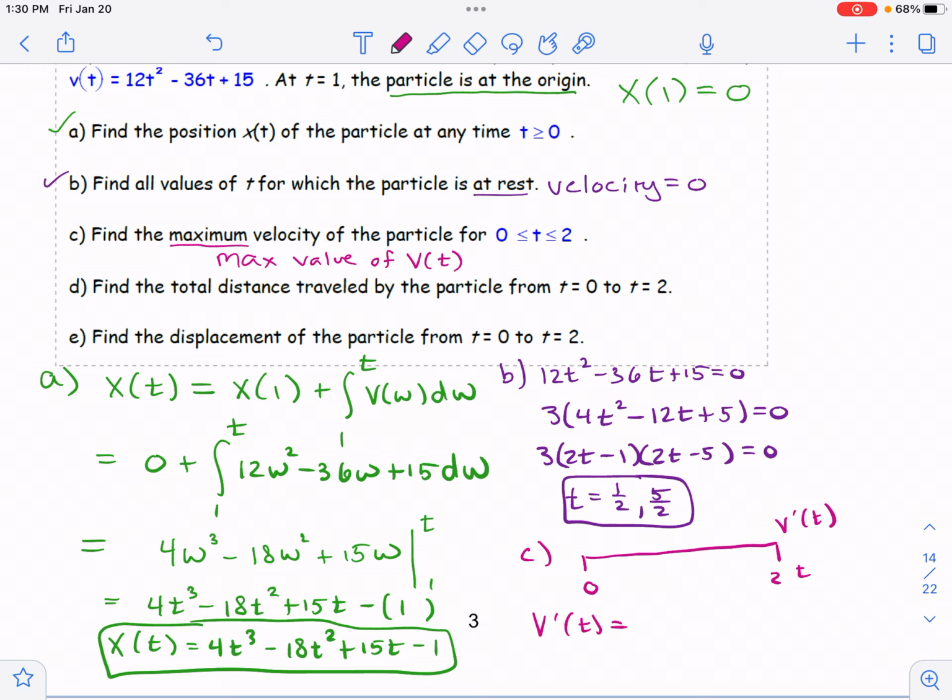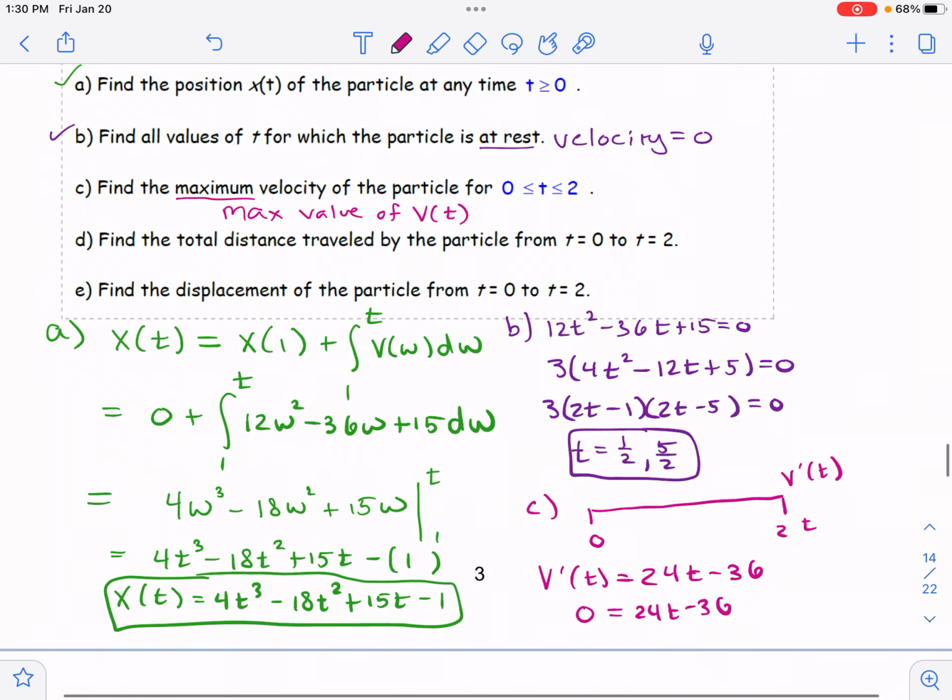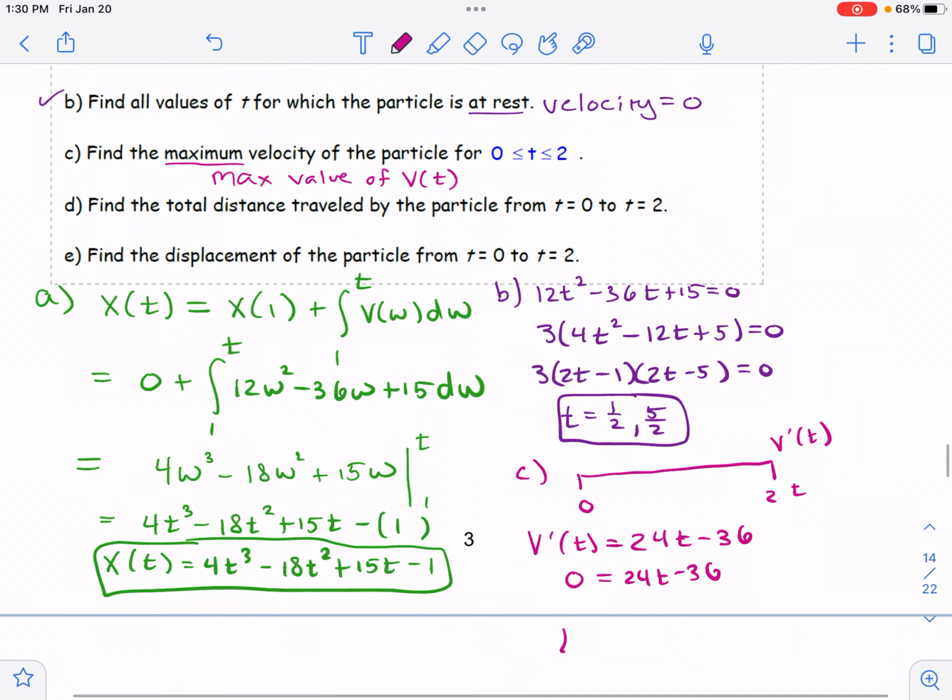So v prime of t is equal to, taking my derivative, my velocity function's up here, 24t minus 36. I set that equal to 0, and if you solve that, I believe you get t equals 36 over 24, which is 3/2.